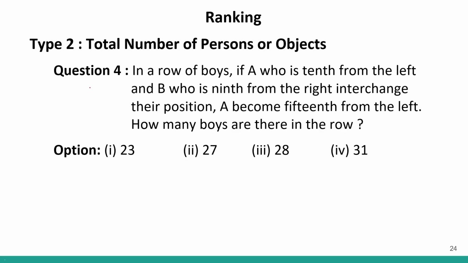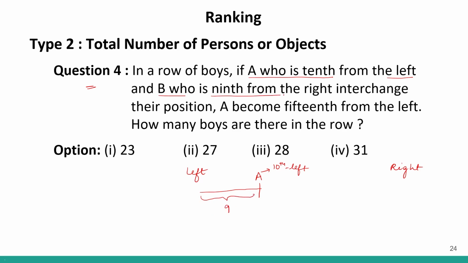Now let us start with question number 4. Question number 4 says that in a row of boys, A, who is 10th from the left, so this will be the left and this will be the right. A is 10th from the left. That means we have 9 people over here. Correct?